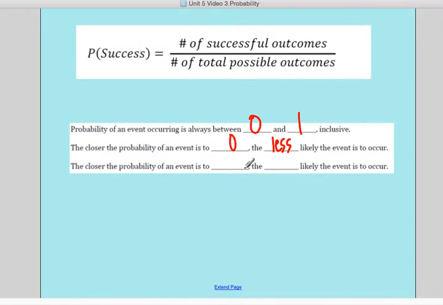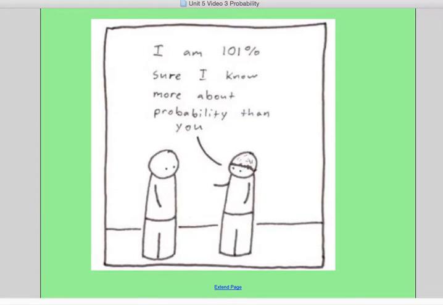And the closer the probability of an event is to 1, the more likely the event is to occur. So probability, remember, has to be between 0 and 1. This also means that it's between 0% and 100%, inclusive, so you can include them.